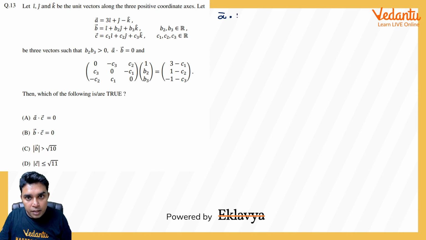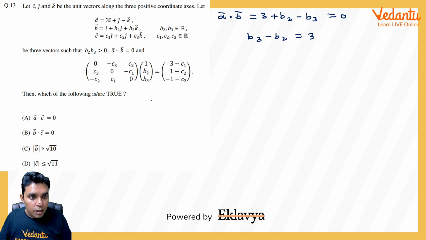A dot B, if I write, it will be 3 plus B2 minus B3. And A dot B they have given as 0. So I think we get B3 minus B2 is equal to 3. And we are looking for mod B square. Mod B square will be 1 plus B2 square plus B3 square.